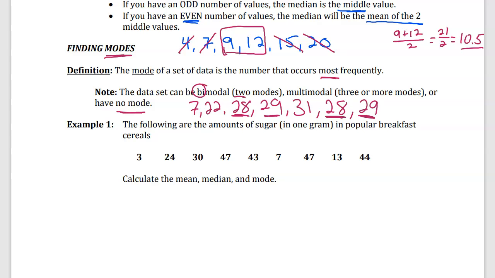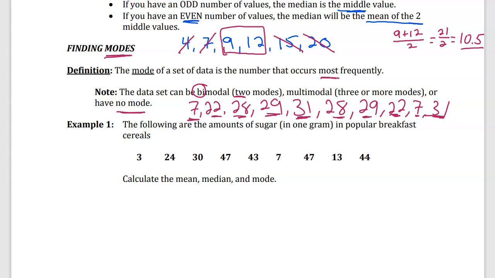But if I were to go through here and add 28, 29, 22, 7, and 31, notice 7 occurs twice, 22 occurs twice, 28 occurs twice, 29 occurs twice, and 31 occurs twice. They all occur twice.